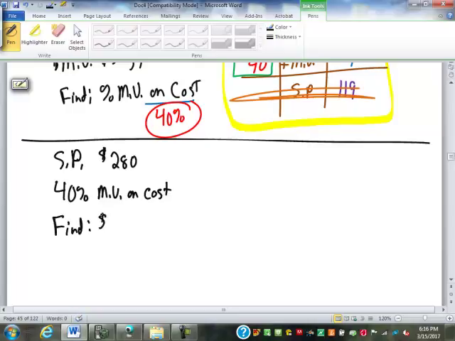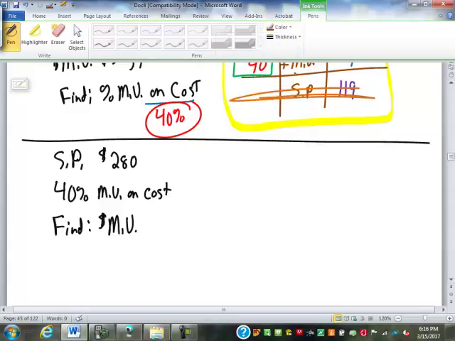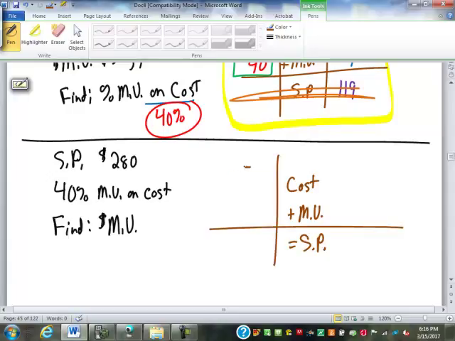Find the dollar amount of the markup. This is one that without that table might be a struggle to figure out. With the table, it really doesn't hurt us at all. So cost plus markup equals selling price. This is our percent side. This is our dollar side.